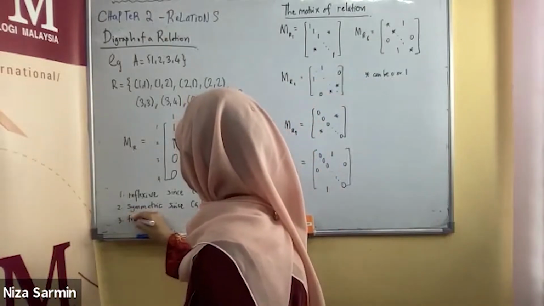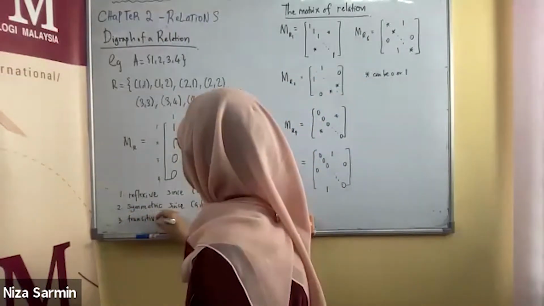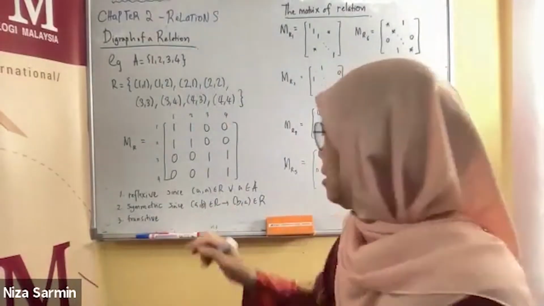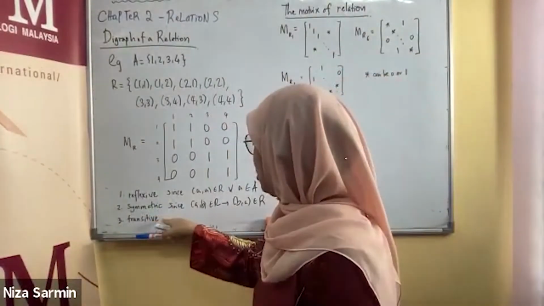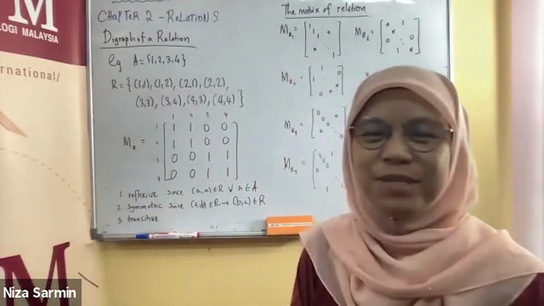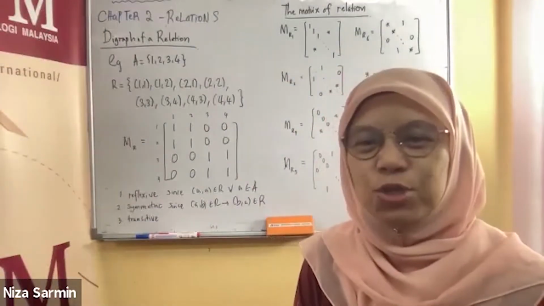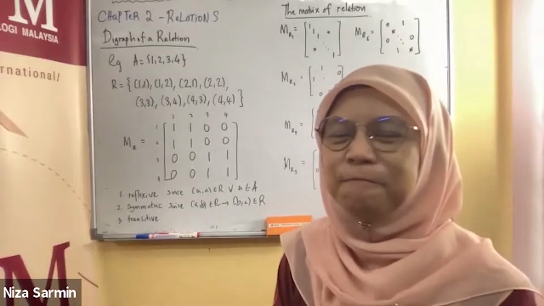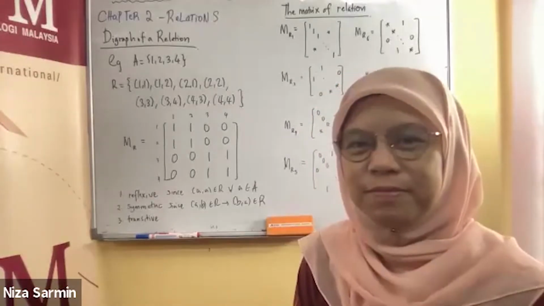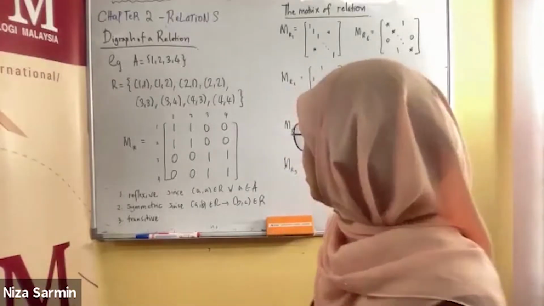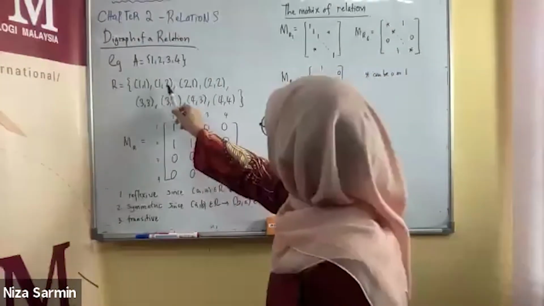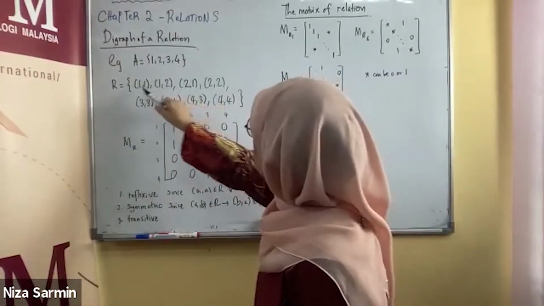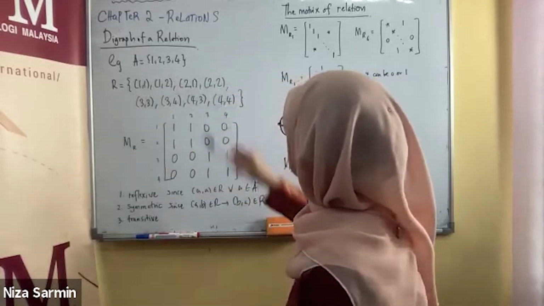Transitive is much harder. You have to check. I just write; I didn't say yes or no. Wait until you decide. Yes, transitive. You check this one. You don't need to check (1,1), (2,2), (3,3), (4,4).